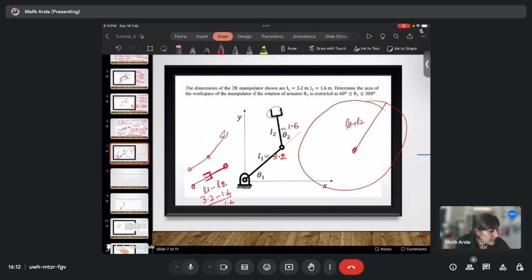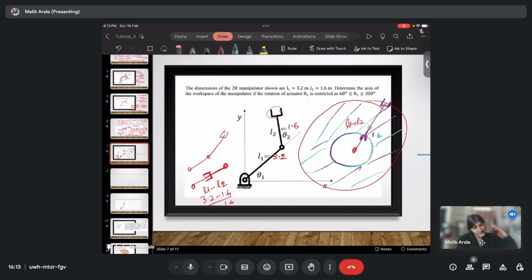So that time the radius will be, let me use a different color. So this is when the end effector was fully extended, and when the end effector would fully contract, this will come to this length. So basically this will be 1.6, and this length will not be reachable by the end effector. It will be able to reach here, and it will then be able to reach any of this area.